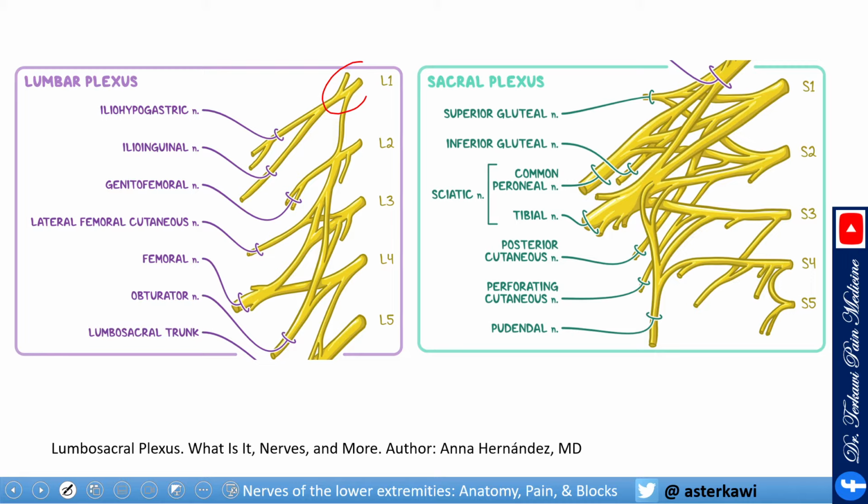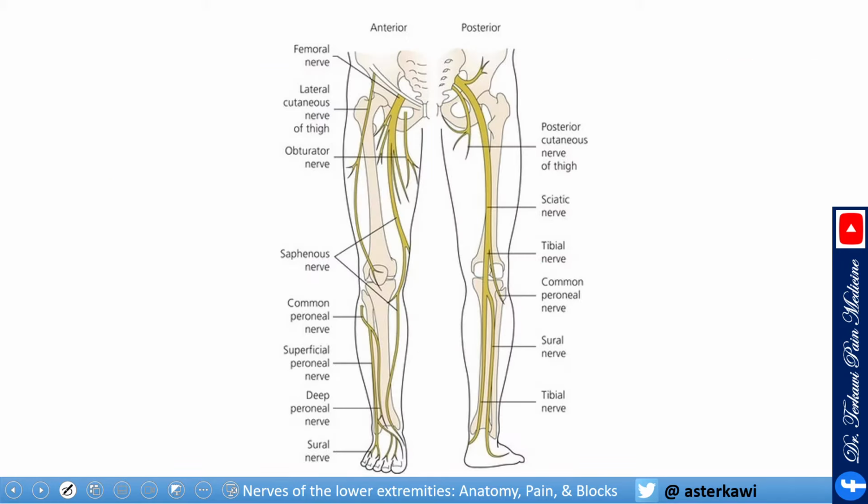On the other hand, here you have the sacral plexus, which gives you the superior and inferior gluteal nerves, the sciatic nerve with its two main branches, posterior femoral cutaneous nerve, and perforating cutaneous, and of course the pudendal nerve.